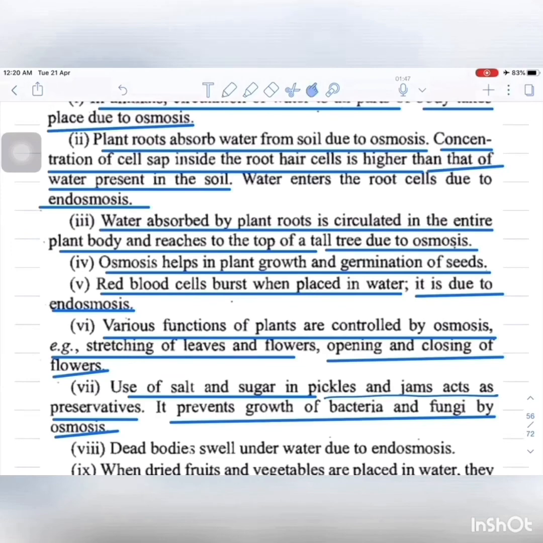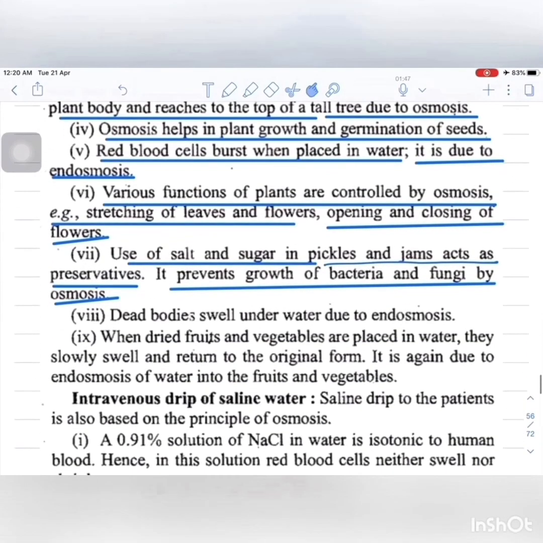How does it work? When we apply sugar on pickle, and bacteria sit on the pickle, now bacteria behave like SPM. So inside bacteria water content is there, but when bacteria sit on pickles, a large amount of salt is applied and water is less.